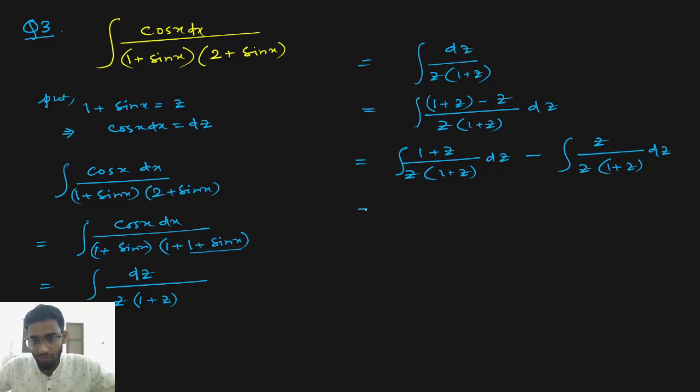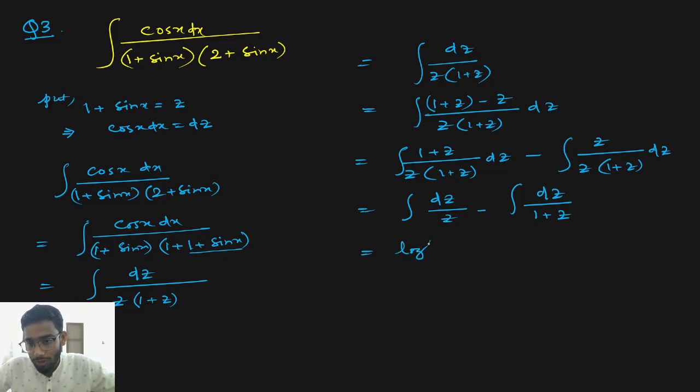By cancelling out, we are getting dz by z minus dz by 1 plus z.